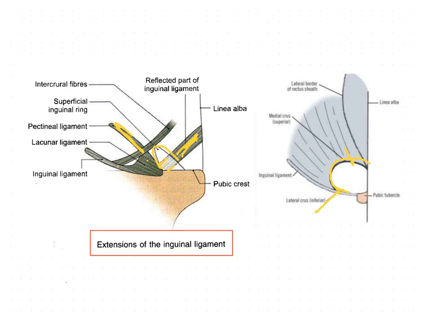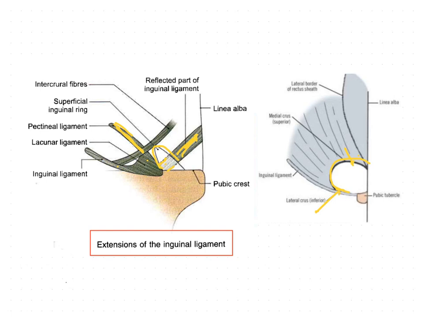The conjoined tendon is formed by the fusion of the lowest aponeurotic fibers of both the internal oblique and the transverse muscles, attached to the pubic crest, and also to the medial part of the pecten pubis.